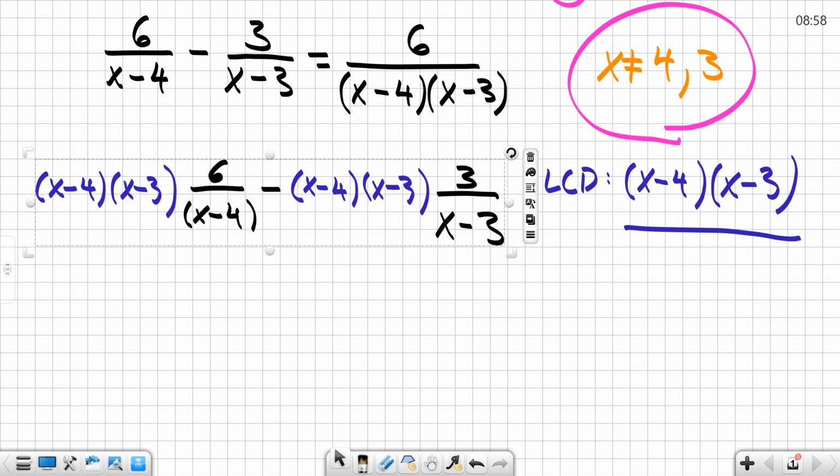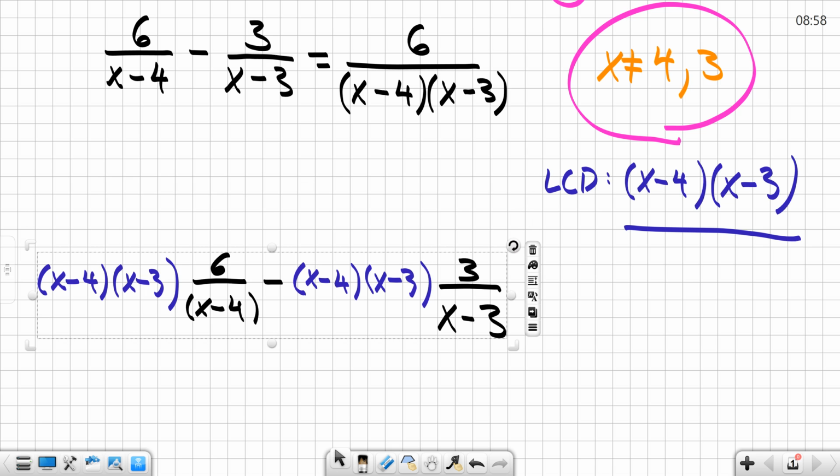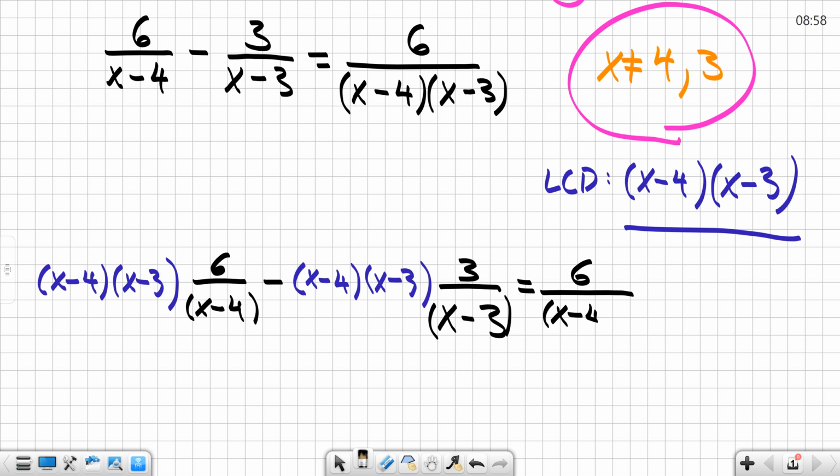Now we need to move everything a little bit further down. This step is always the one that looks so long, but we know already looking ahead that something very nice is going to happen, that a lot of things are going to go away in my next step. x minus 4 times x minus 3. And the right side will also be multiplied with x minus 4 times x minus 3.